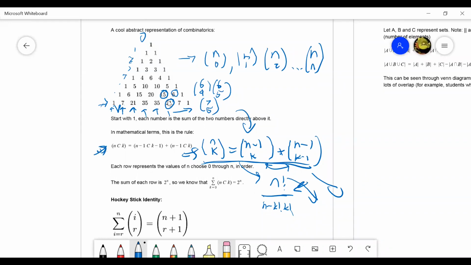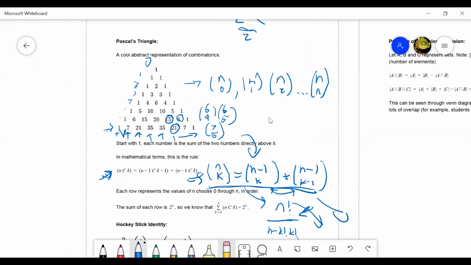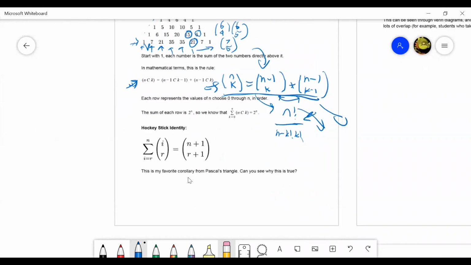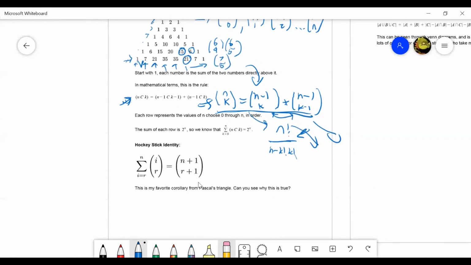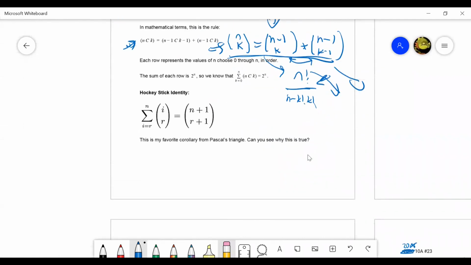And I guess another reason why I showed Pascal's triangle here is for the hockey stick identity. This is slightly more advanced. You might not see it in the AMC 10, but this definitely does show up later.